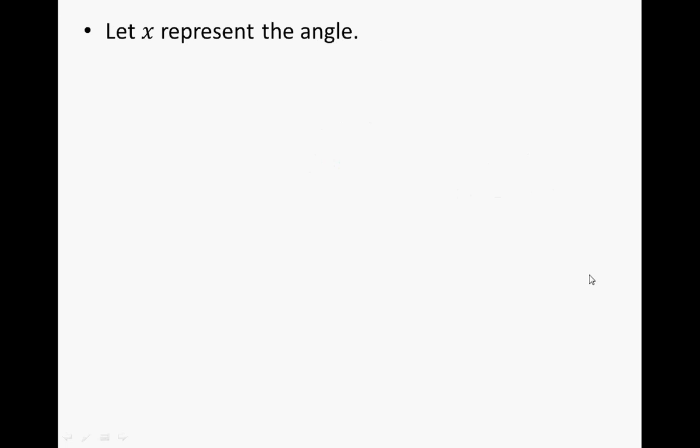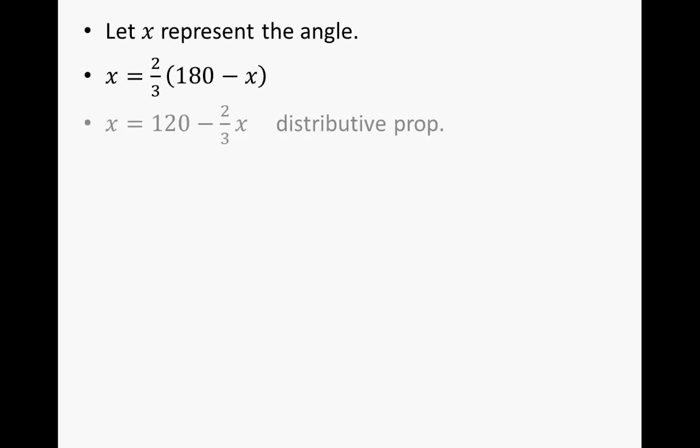So let's set up an equation. Let x represent the angle. That means x is equal to 2/3 of 180 minus that angle. Using the distributive property, 2/3 of 180 is 120, and 2/3 of x is 2/3 x. To isolate the variable, we add 2/3 x to both sides.